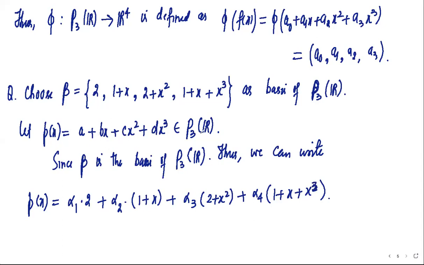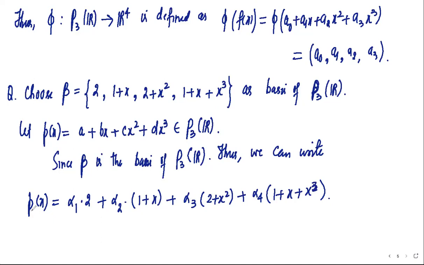So once we have chosen any vector from P3(R), we can write that vector as a linear combination of these vectors with some scalars from the set of real numbers. तो यहाँ पे अब हमने वो scalars choose की alpha 1, alpha 2, alpha 3 and alpha 4.